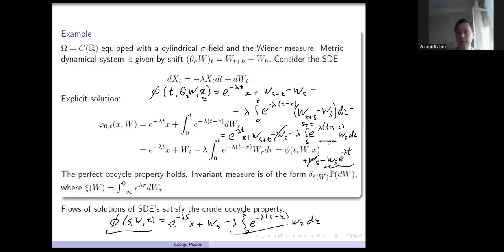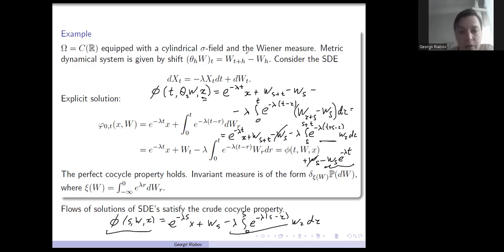So at the end we will get phi(s+t, W, x). Okay, so in this example, explicit solutions are a perfect cocycle over shifts.